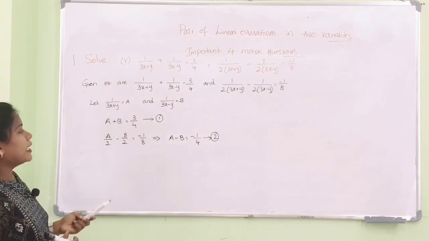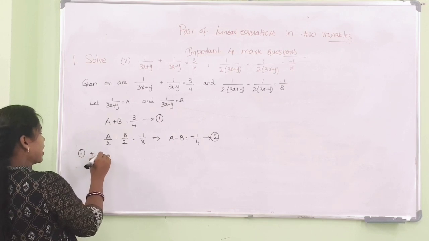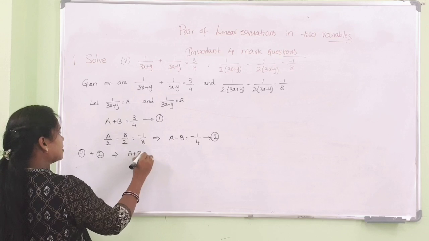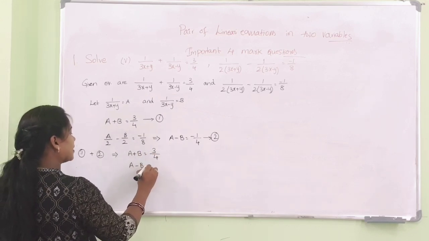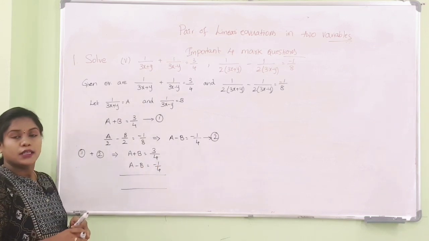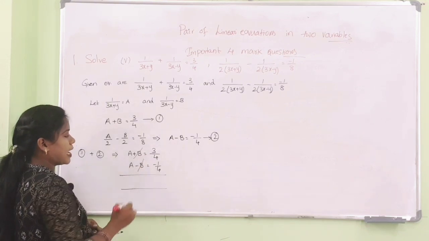So on adding equation 1 and 2, we get a plus b is equal to 3 by 4 and a minus b is equal to minus 1 by 4. Since we are adding these two equations, the signs will not change. So plus b and minus b get cancelled.